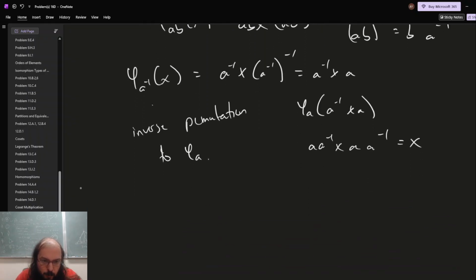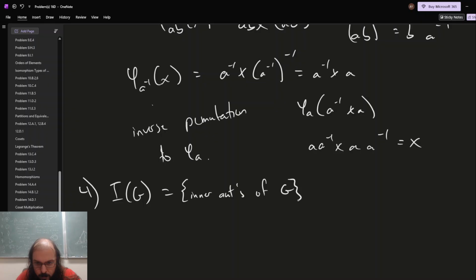So now we have part 4, which says we use the notation I of G to denote the inner automorphisms. What are we asked to prove?